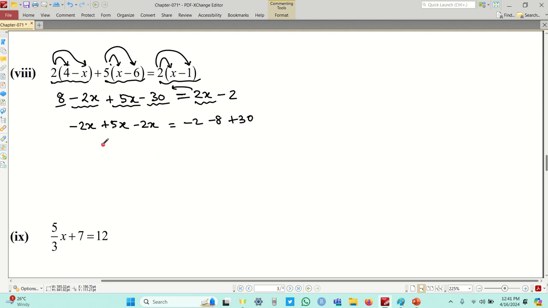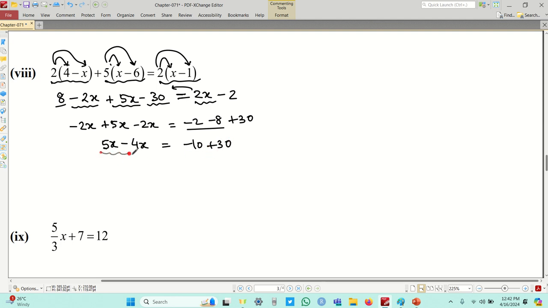Okay, now 5x minus, how much is it? Minus 2x and minus 2x. How much is it? 5x minus 2x minus 2x is 1x. Minus 2 minus 8 is minus 10, and plus 30.